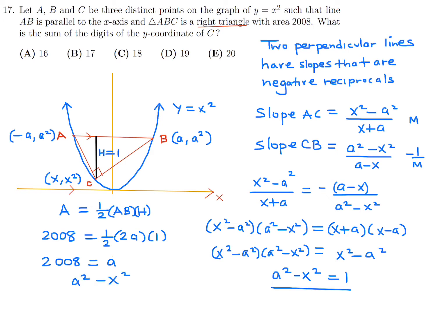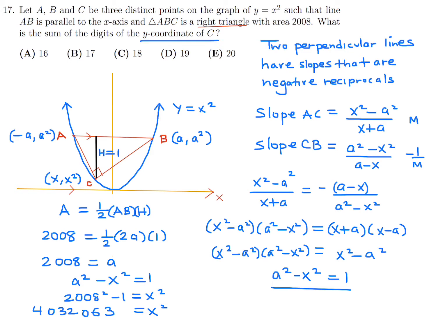So a squared minus x squared is equal to 1. A squared, which is 2008 squared, minus 1 is equal to x squared. So x squared is equal to 2008 squared minus 1. So that's 4,032,063.